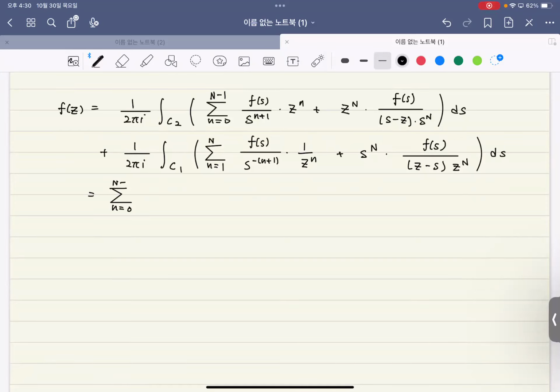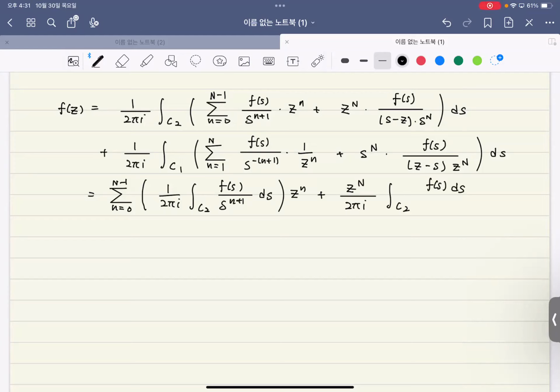Then from n equals 0 to n minus 1, I have 2 pi i times the integral over C2. Since this is a finite sum, I can put ds and everything times z^n, plus z^n times 2 pi i times the integral over C2 of f(s) ds over (s minus z) and s^n.